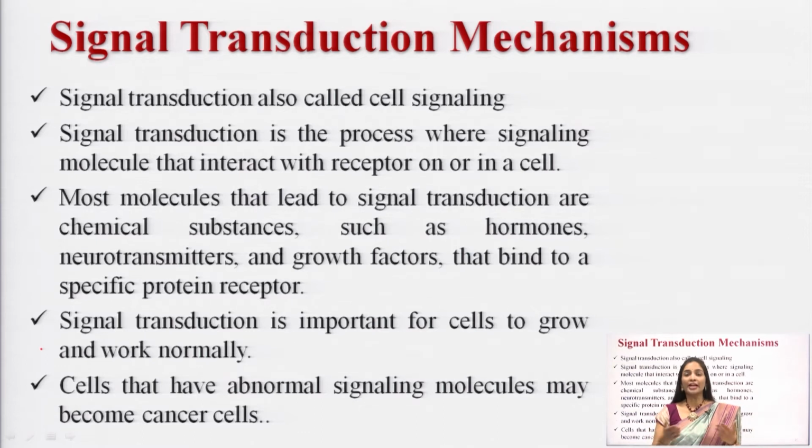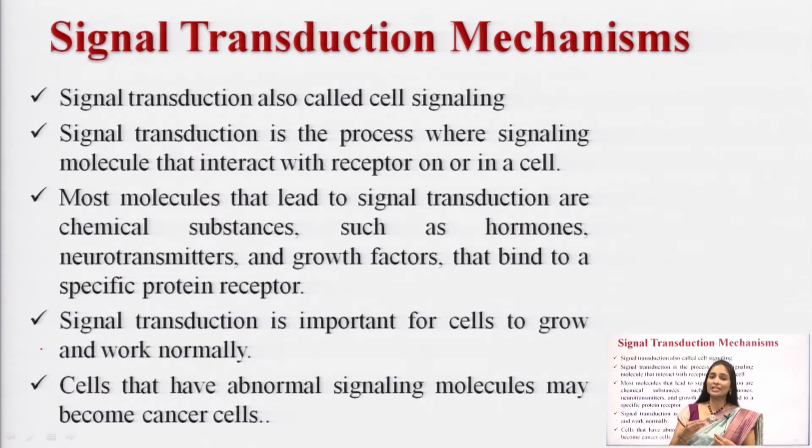The signal molecule passes the signal when it binds to the receptor present on or inside the cell. Most of the molecules that lead to signal transduction are chemical substances.